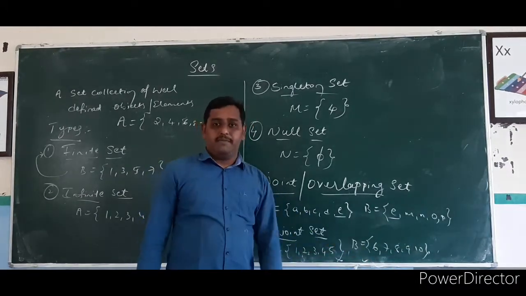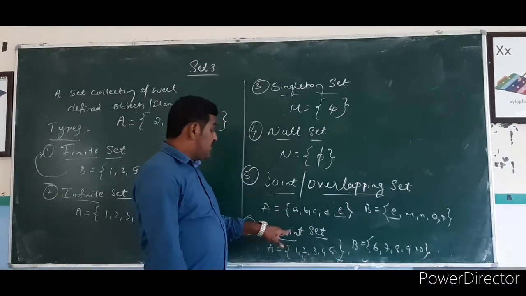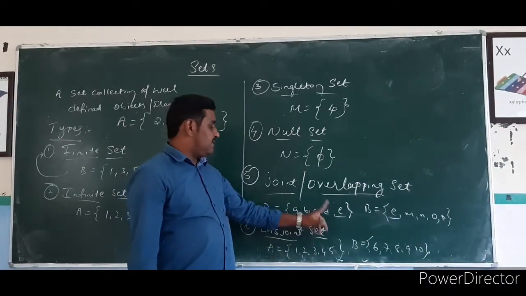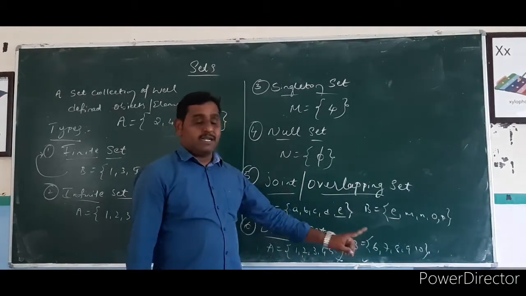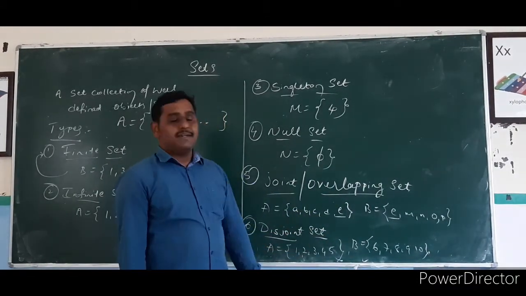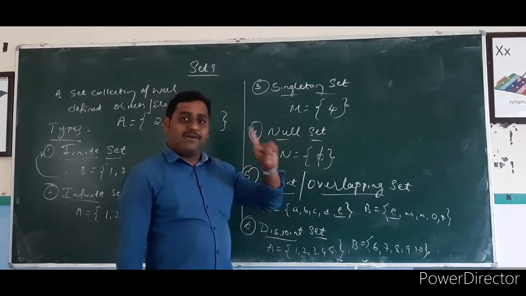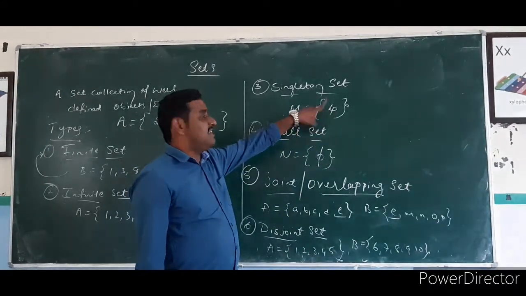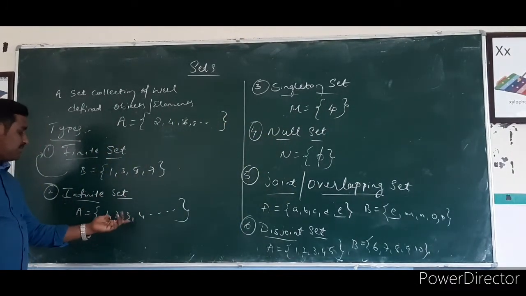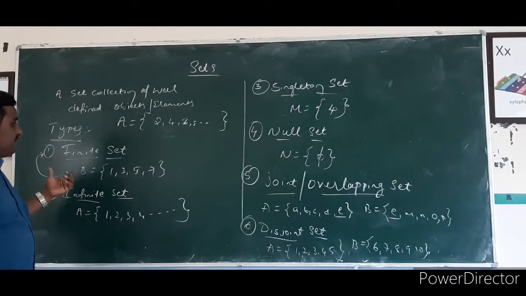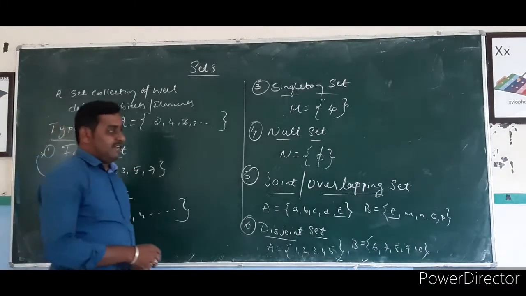There is no common element between the two sets, so these two sets are disjoint sets. If a common element is there, joint or overlapping set. If no common elements are there, the two sets we call disjoint sets. If no elements are there, null set. If only one element is there, singleton set. If the number of elements is uncountable, infinite set. If the number of elements can be counted, finite set.